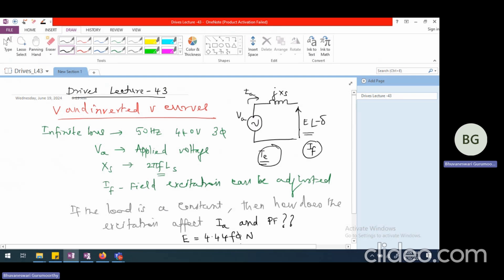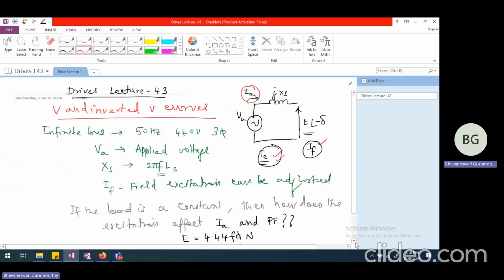The flux is actually created by the field current. But if we don't give a sufficient amount of field current, then the flux created in the air gap may not be sufficient to even produce the torque. So the armature current we draw not only has to produce the real power, which manifests in the form of torque, but it also has to supply the shortfall in the magnetic flux.